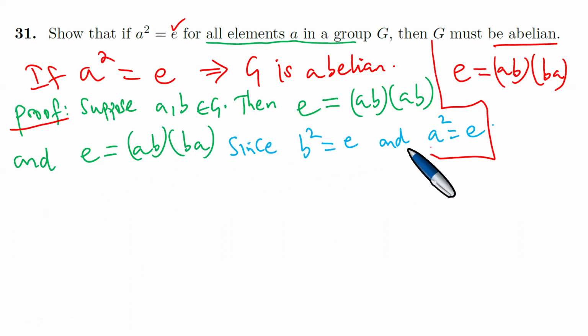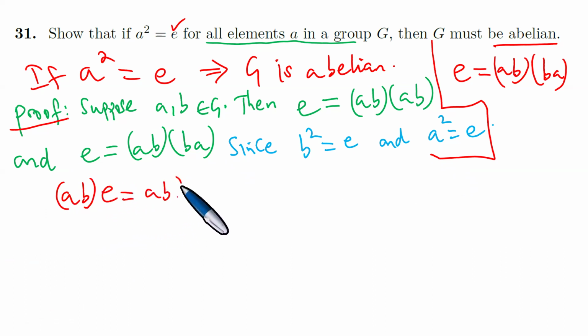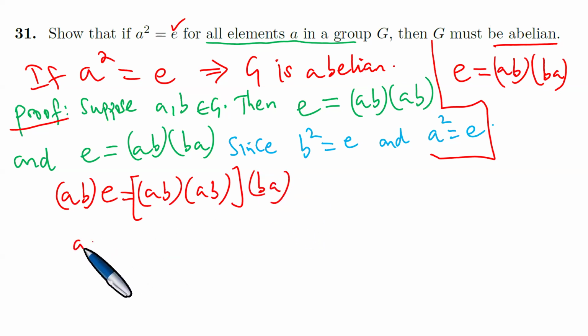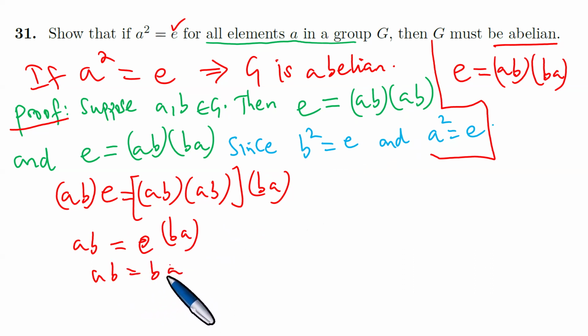It's because B squared is E and also A squared is E. And this means that we can multiply AB by E, and then we have AB, and we can group them like this, and then BA by associativity. So AB times E is just AB, AB times AB is E, E times BA, so AB is BA.